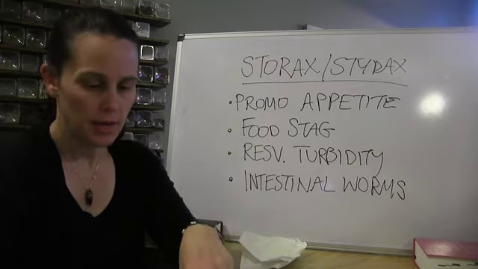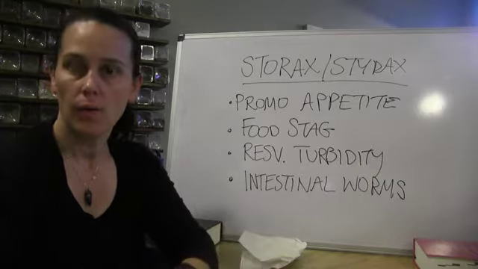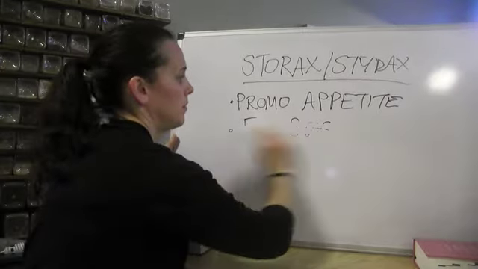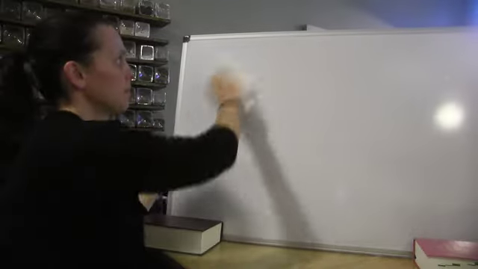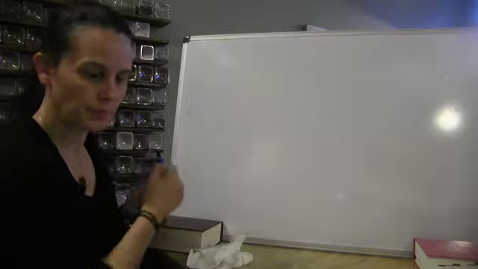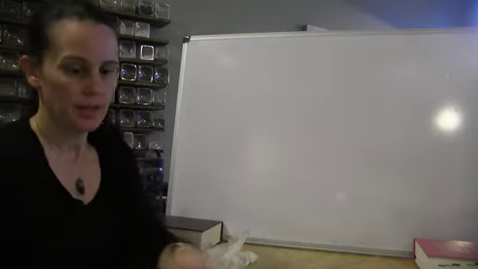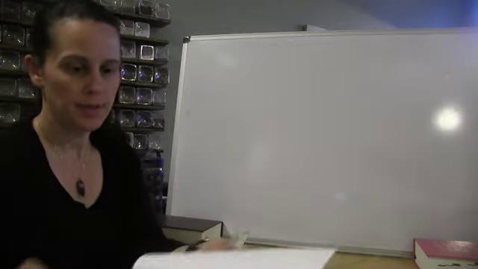Let's go ahead and go through regulate chi and astringe, and then I'll start a new video. So regulate chi, the first one that we're going to cover is bergamot.